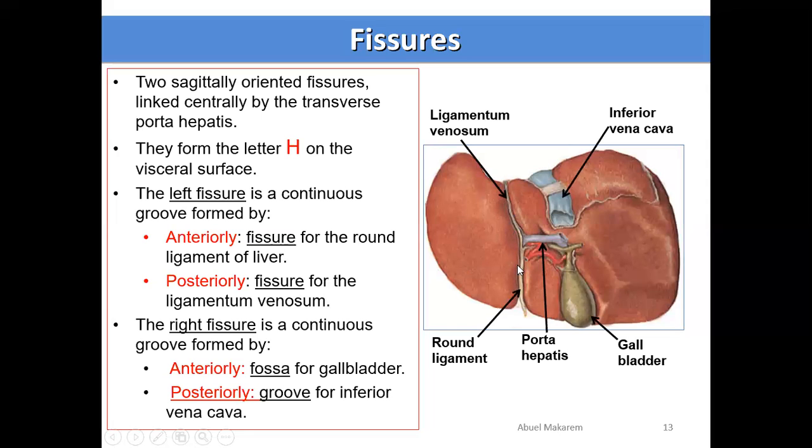So this is the round ligament, and this is the ligamentum venosum, which form one limb of the H. Then on the right side, it is a continuous groove formed anteriorly by the fossa of the gallbladder, where the gallbladder is sitting. Then posteriorly, the groove of the inferior vena cava. So these are the two limbs of the H.